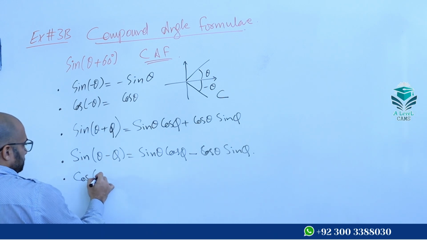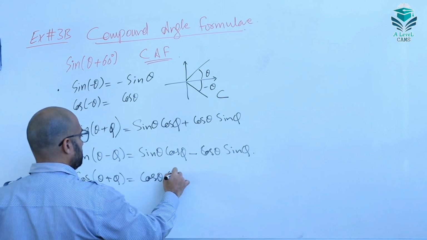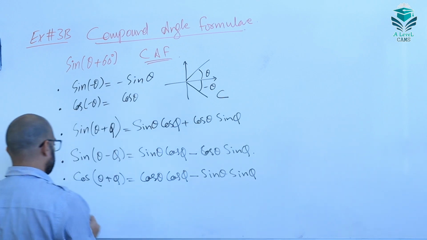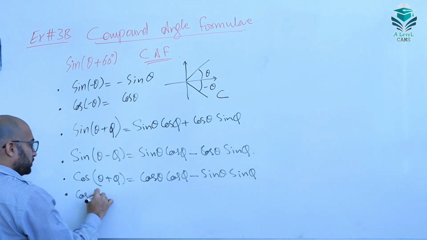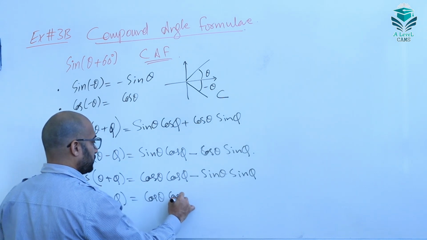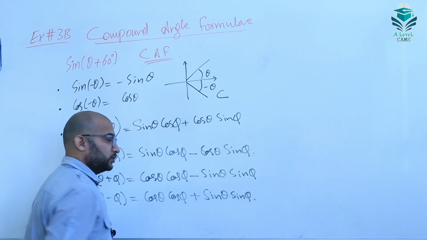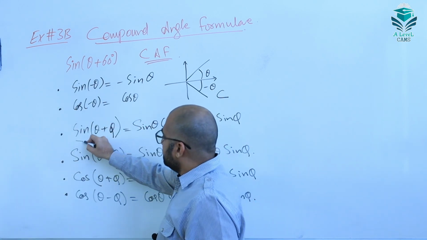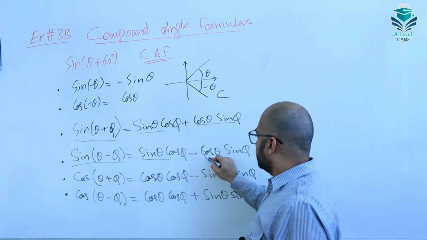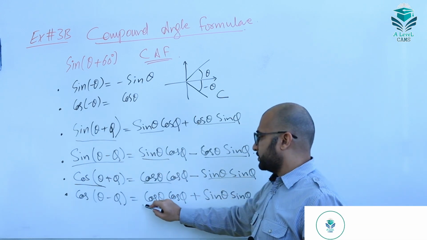For cos of theta plus phi, you can write cos theta cos phi minus sine theta sine phi. And similarly for cos of theta minus phi, you can write cos theta cos phi plus sine theta sine phi. You can observe that for the sine compound angle, mixed trigonometric ratios occur, but for the cos, the same trigonometric ratios occur.